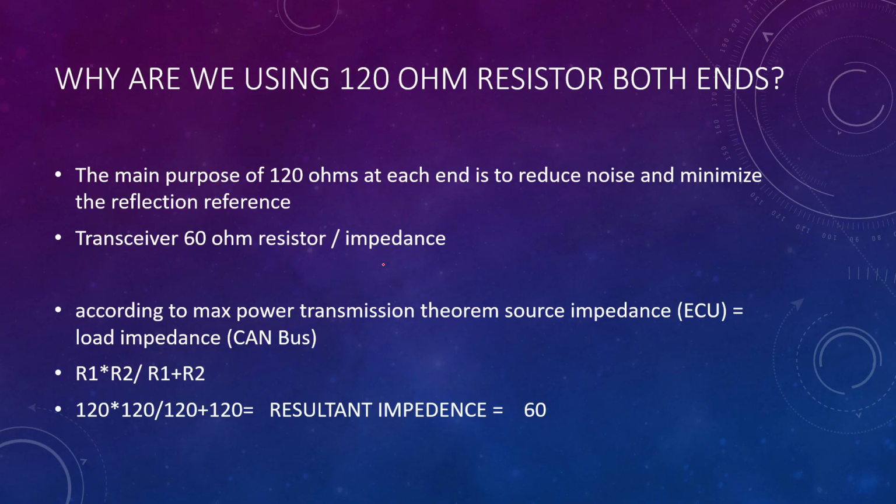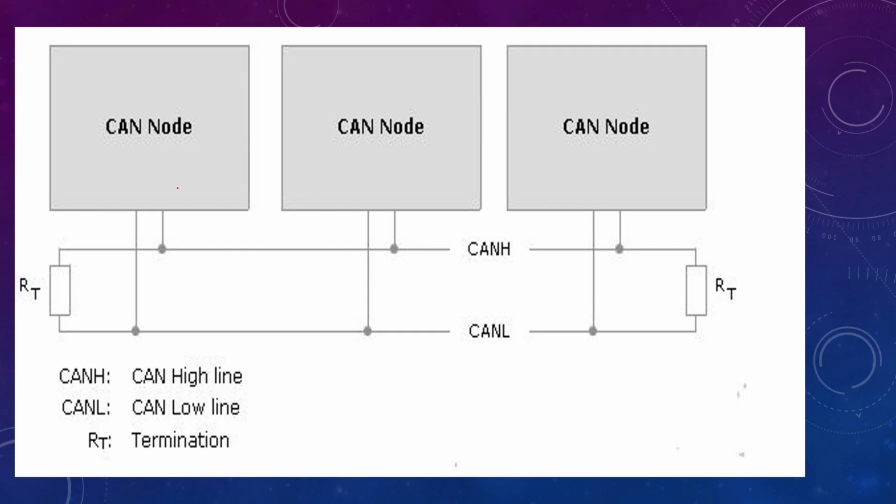Let me show you here. So this is the node, right? In this node we have three different parts. Every microcontroller or ECU node has three different subparts. First one is the host.